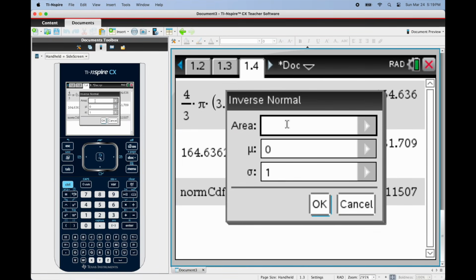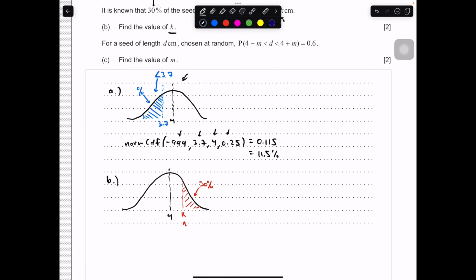Let me go back to the document for a second and explain something. Our calculator sweeps out from left to right. When you give it an area, you're telling the calculator what area you want to sweep through. If we just put 30, the calculator sweeps from left to right and would work out this value right here. But we want the calculator to sweep through 70% so that only this 30% is remaining.